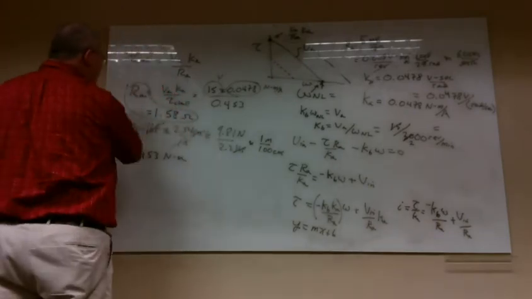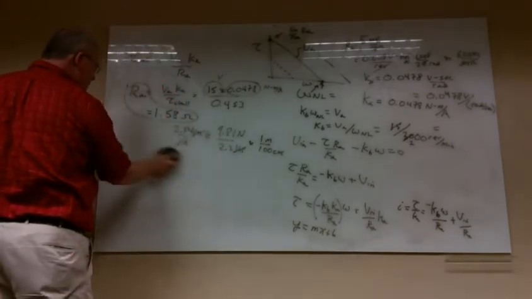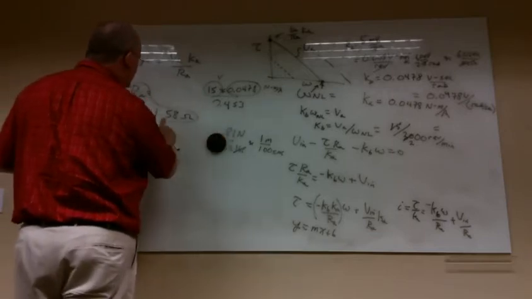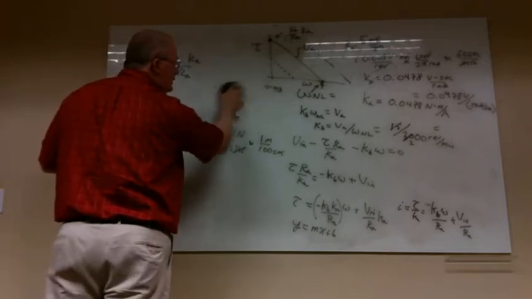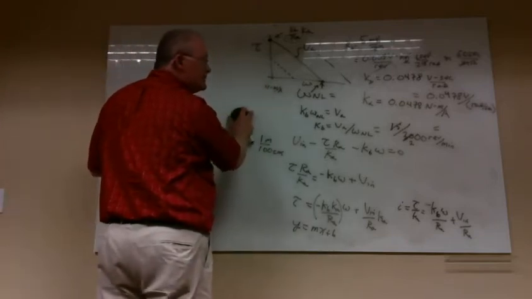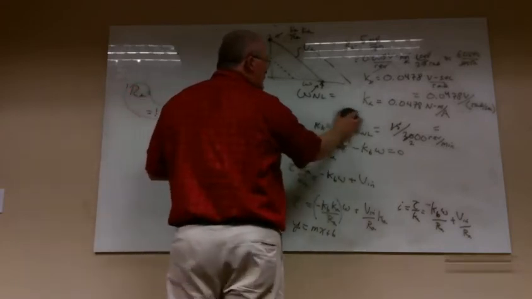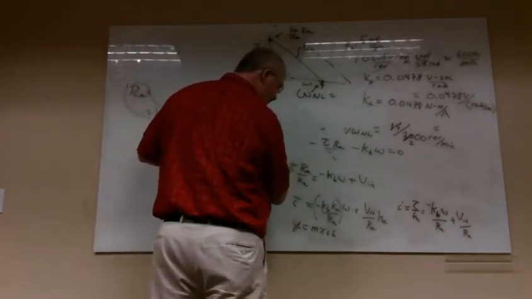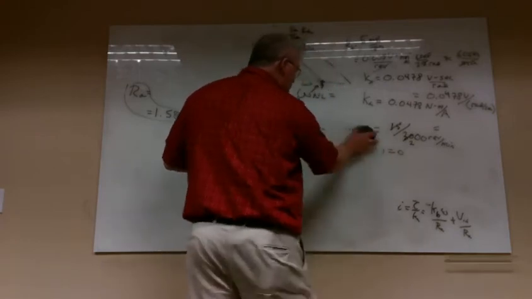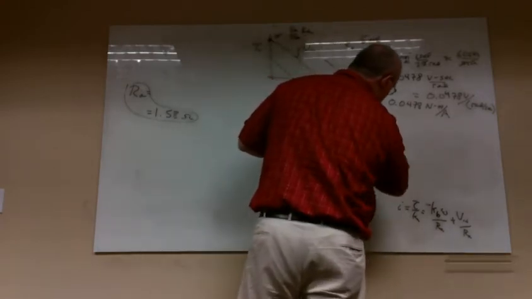I'm going to leave up some of these parameters. My resistance of the motor, that's important. What else? K sub A and K sub B, those are important. Everything else here, not so important. Probably need to rederive that equation before we can get the second answer.